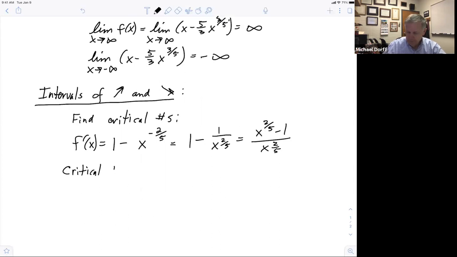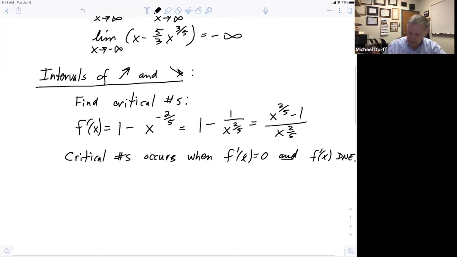So a critical number occurs when the derivative equals 0 and when the derivative does not exist.